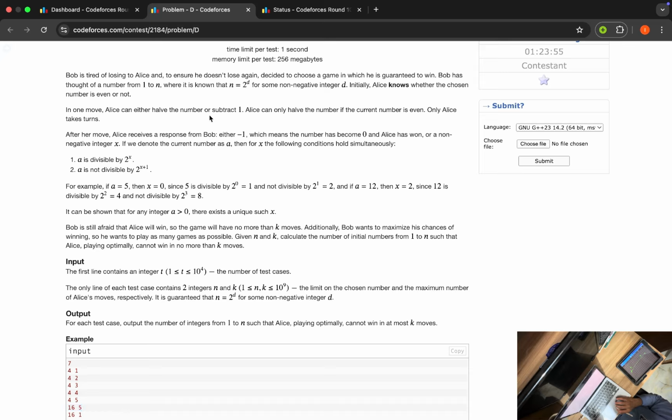Alice can only halve the number if the current number is even. Only Alice takes a turn. After her move, Alice receives a response from Bob, either -1.